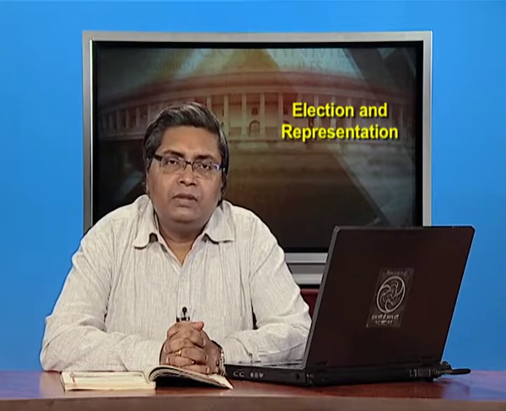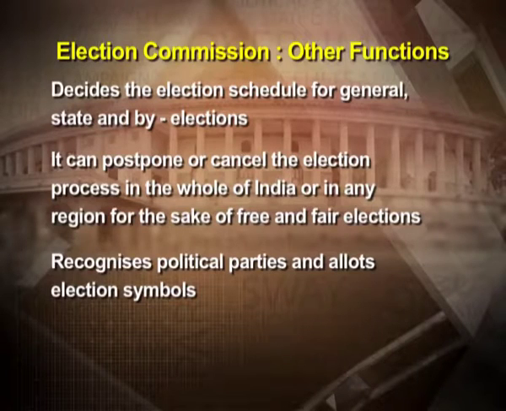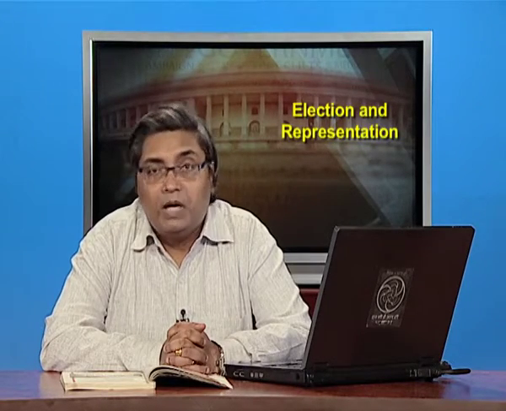You know that there are certain parties which are national level parties, all India parties, certain parties which are state level or regional parties. So it recognizes those parties and it allots the election symbols to the various parties. And the election symbols are allotted not only to parties, but to candidates who don't belong to parties. In other words, independent candidates.